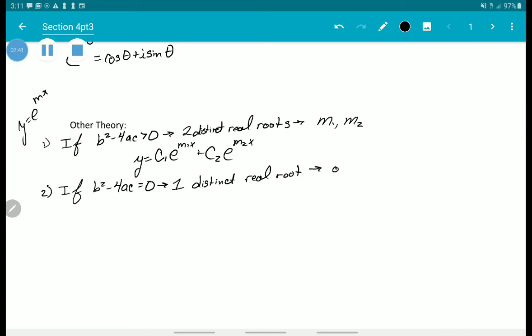We know one solution is going to be e to the m1x. Our goal is to find y2. And we could think about that by using that reduction of order formula from that last section.